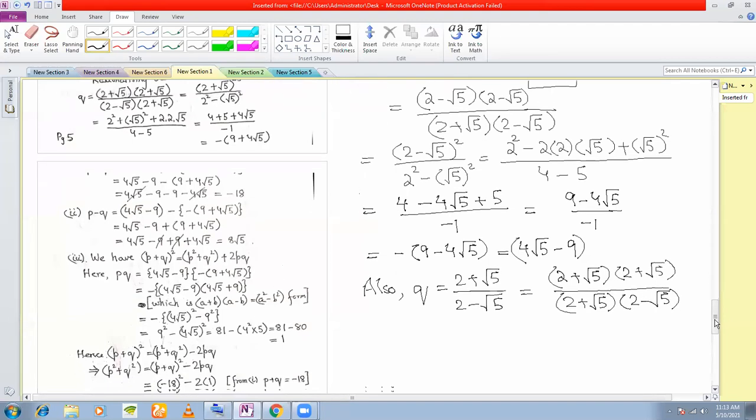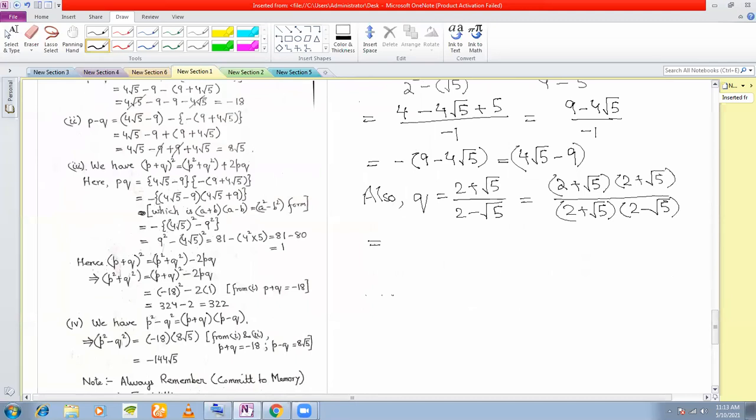Now we'll simplify. In the numerator you have 2 plus root 5 whole square, a plus b square type, and in the denominator you have a square minus b square.